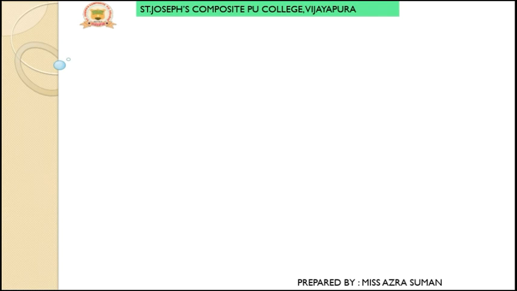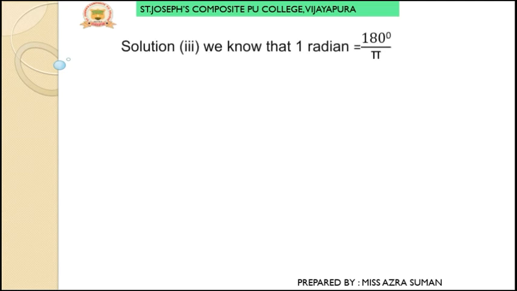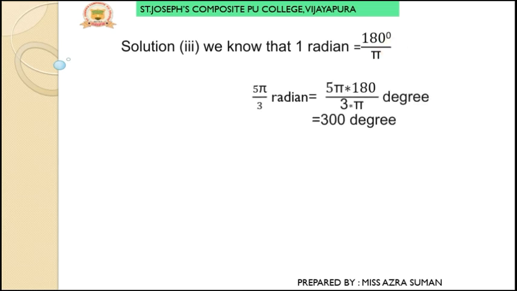Now, the solution for the third problem is, we know that 1 radian is equal to 180 by pi degree. Now, we have to calculate for 5 pi by 3 radian, which is equal to 5 pi into 180 whole divided by 3 into pi degree.